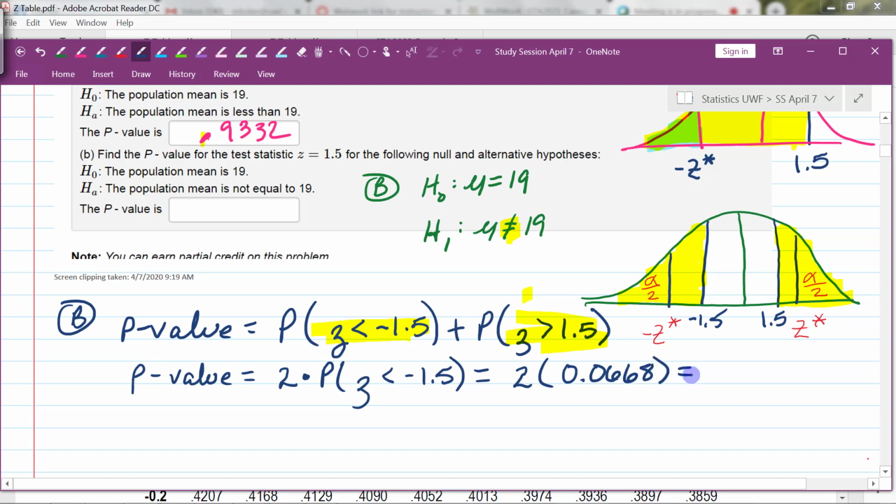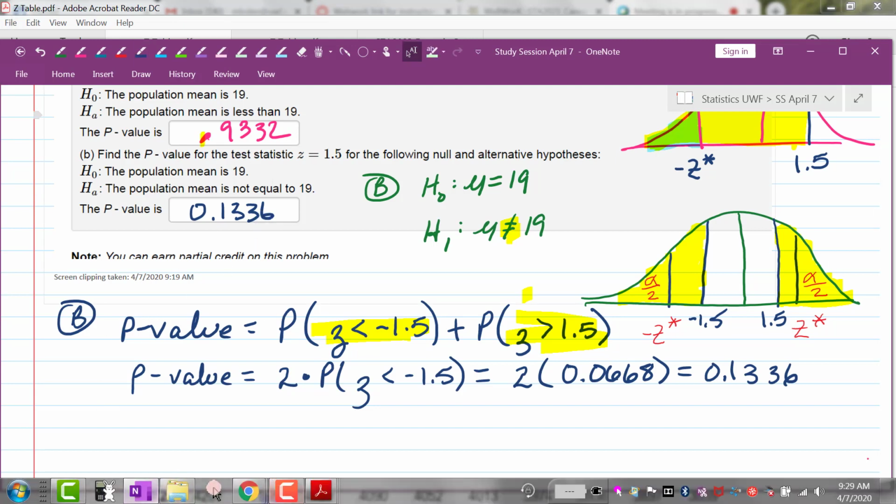I'm going to grab my calculator and throw it in, so I get 2 times 0.0668, and that is equal to 0.1336.